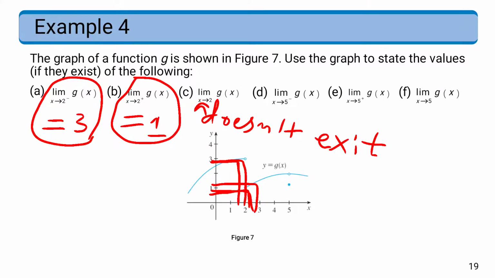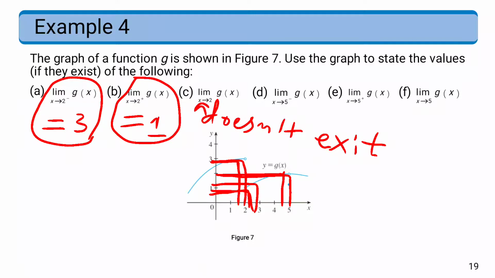What about number D? Number D, you try to approach 5 from the left. If we get that value, you'll find that you're getting closer to 2. Even as you get closer, you will get closer and closer to 2.